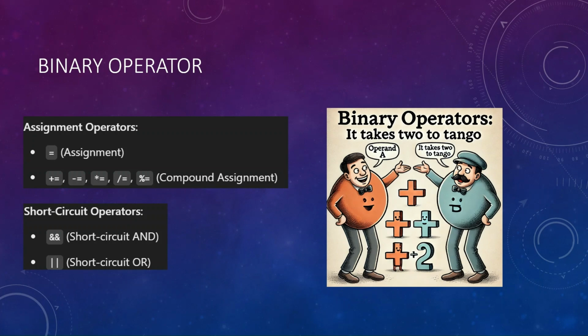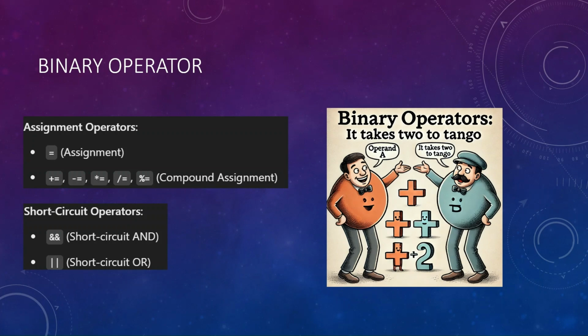The final one we have for the binary operators is the short circuit operators. Short circuit operators are a special form of logical operators that stop evaluating as soon as the result is determined. For example, in the case of short circuit AND, if the first operand is false, the second operand is not evaluated because the overall result will always be false.